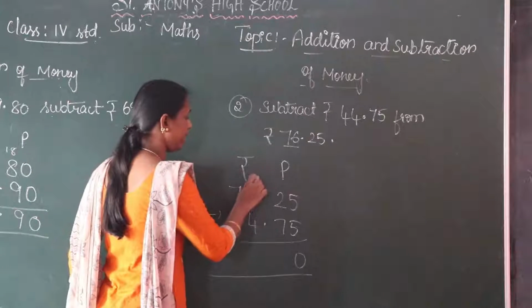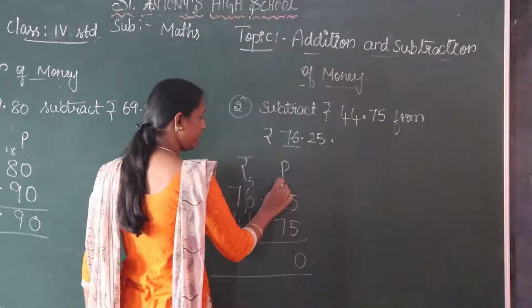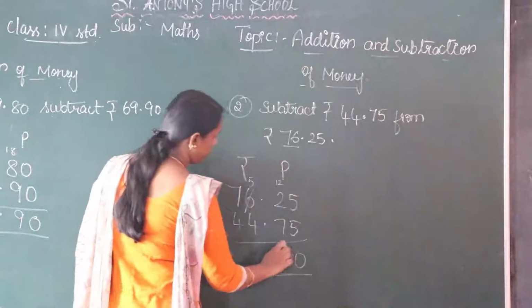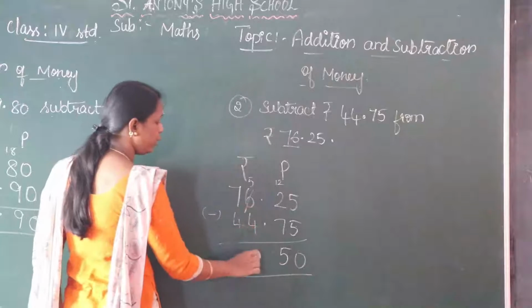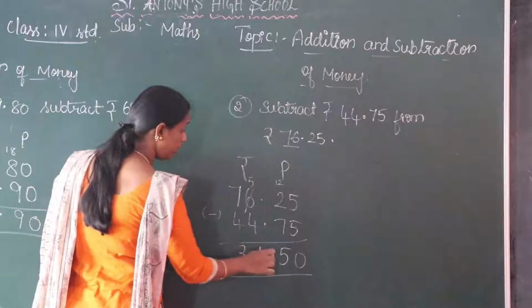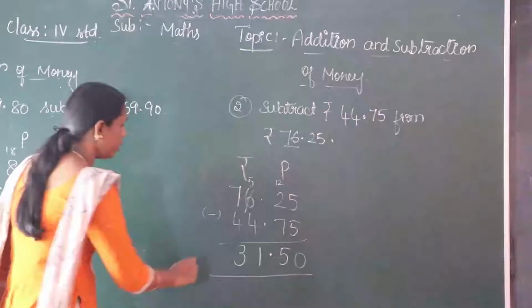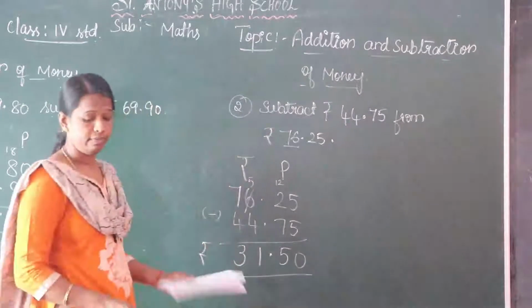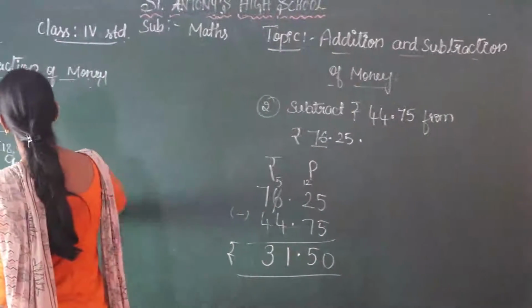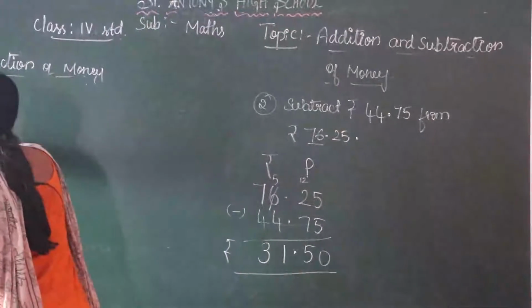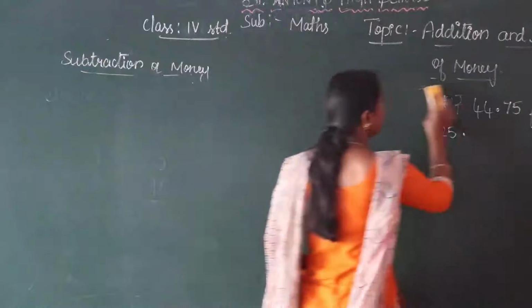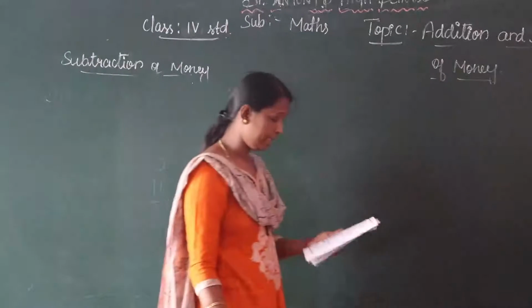This 6 becomes 5, and then this 2 becomes 12. 12 minus 5, you get 7. Here 5 minus 4, 1. And then 7 minus 4, 3. The answer is rupees 31.75 paisa. Okay children, don't get confused. Write the minuend, the bigger number, in the minuend place. The smaller number you write in the subtrahend place.